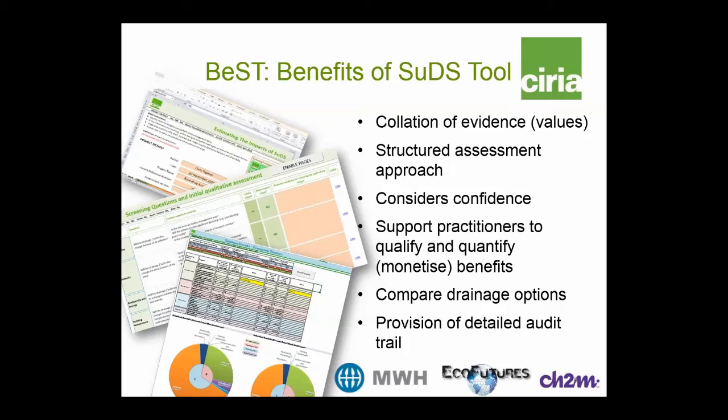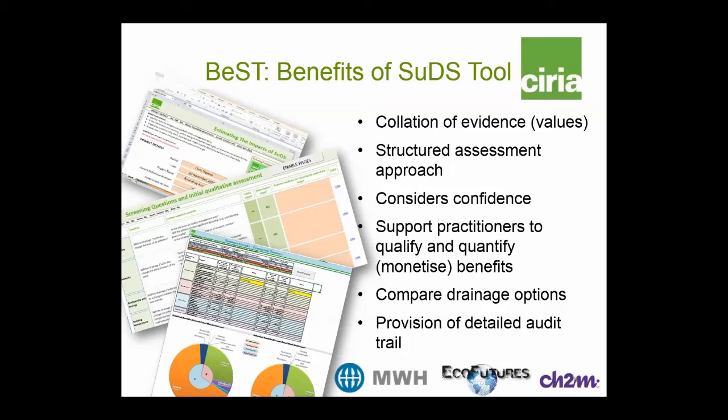The tool also allows us to compare drainage options. One of the things we were looking to do within the tool was to make it quite user-friendly, and produce some outputs that people can easily pick up, copy and paste, and bring across and use in reports. So there's a number of automated graphs that appear.